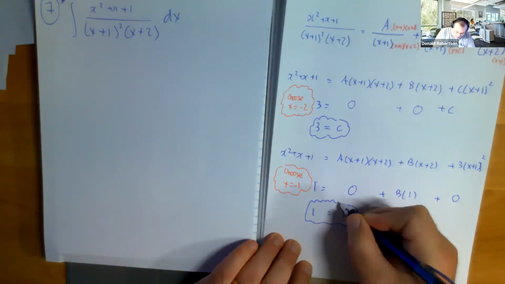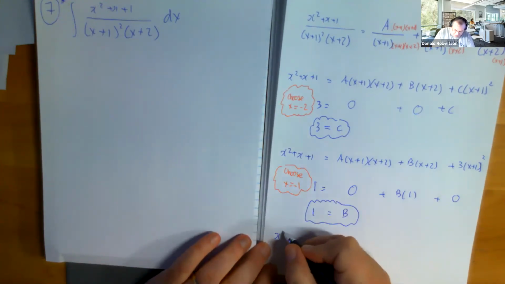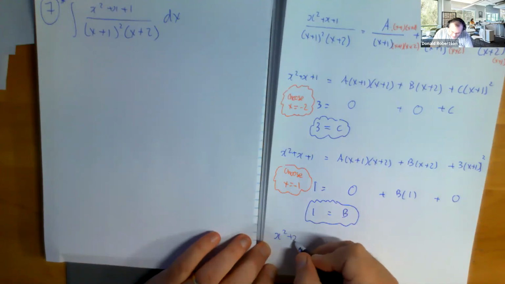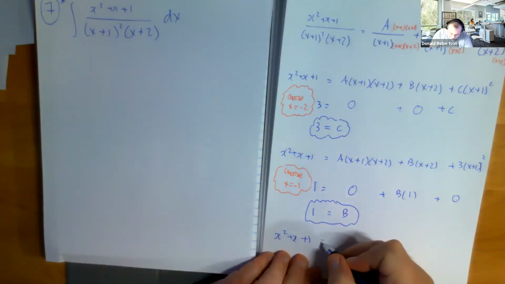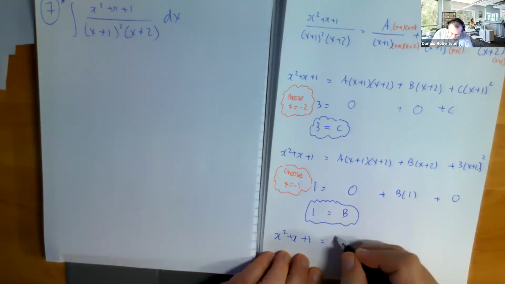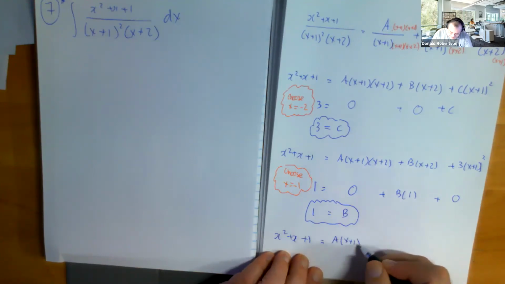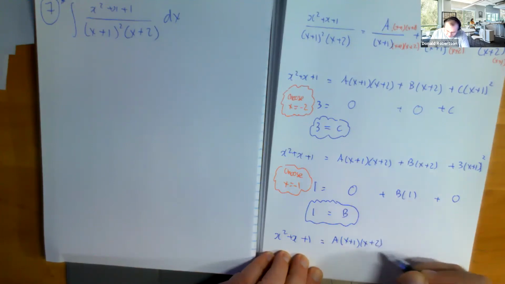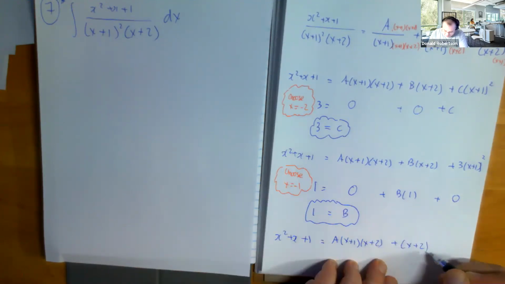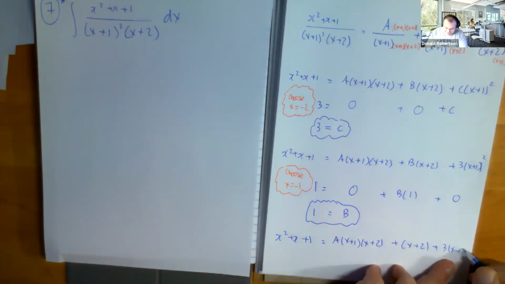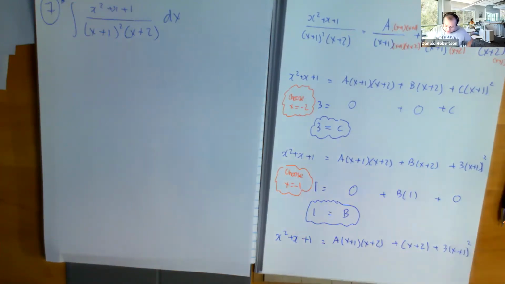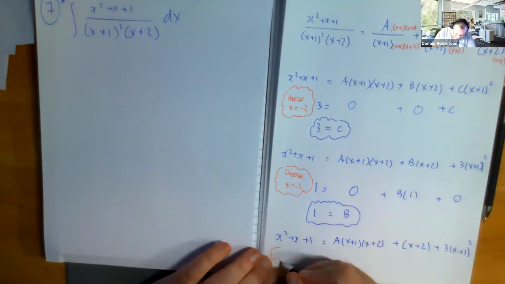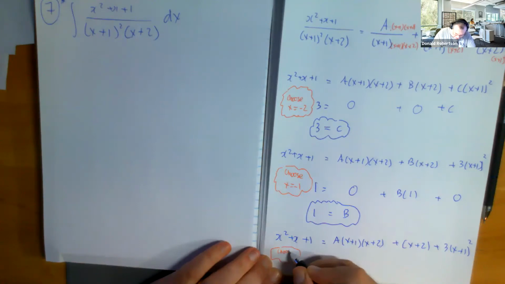So we now have x squared plus x plus 1 equals A x plus 1 x plus 2 plus 1 lot of B plus 3 lots of that guy. So we are into our last choice.